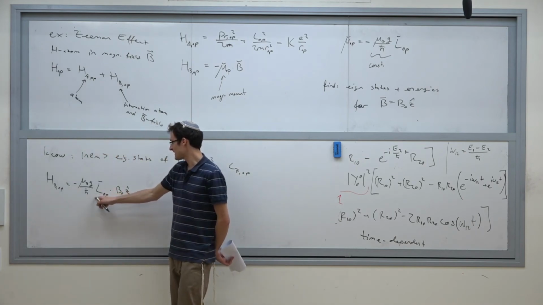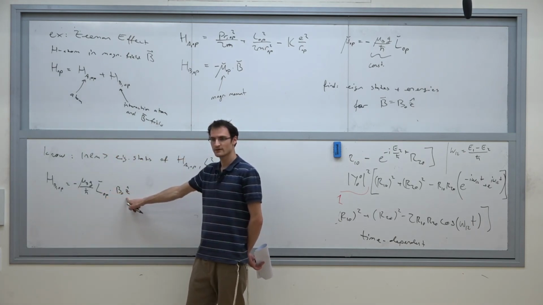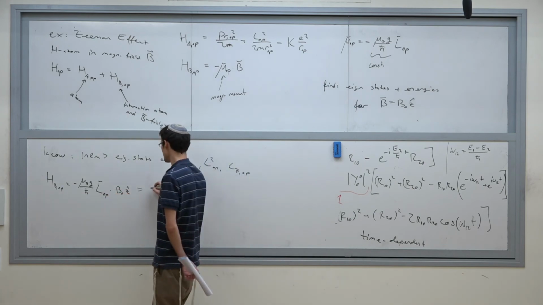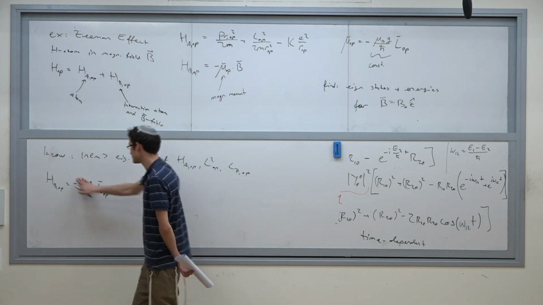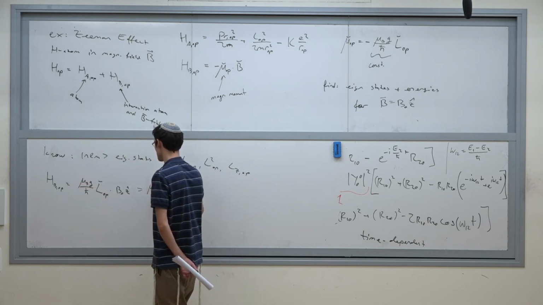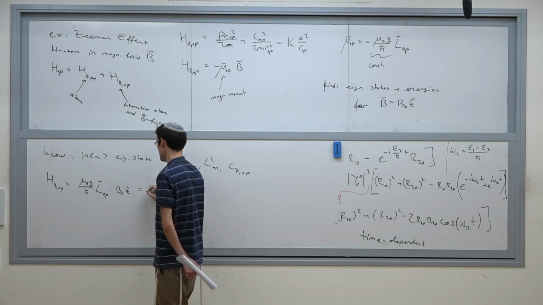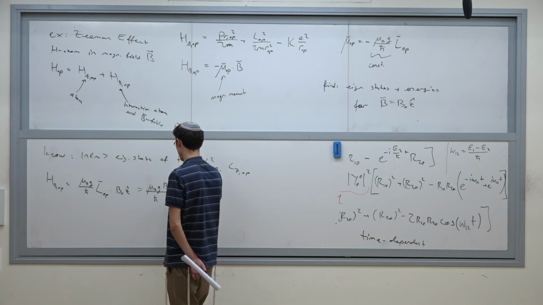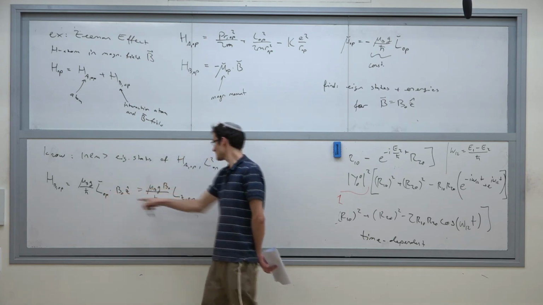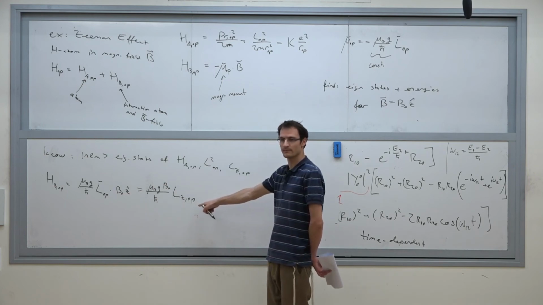So a vector times a unit vector is like the projection onto Z hat. So it's a bunch of constants, mu B g B0 divided by h bar. Then the only thing that's left is the Z component of the angular momentum.